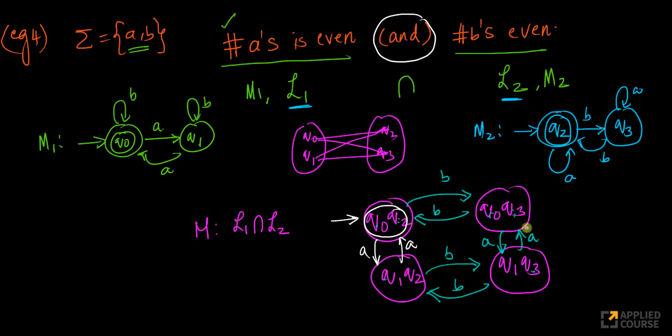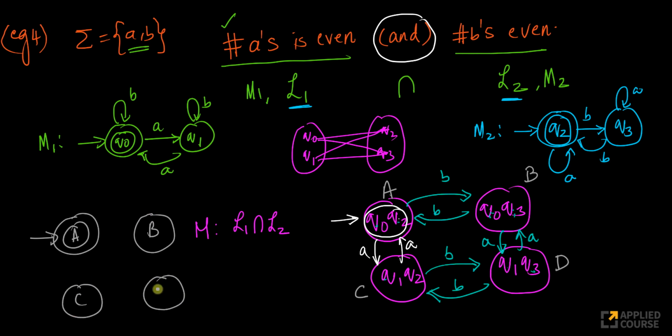Now if I label these states differently, I call this state A, this state B, this state C, and this state D. I have state A, which is also the final state, and states B, C, D. B goes this way, and again B this way, A here, A backwards, A this way, and A backwards.